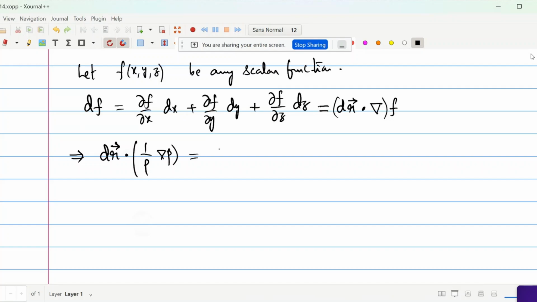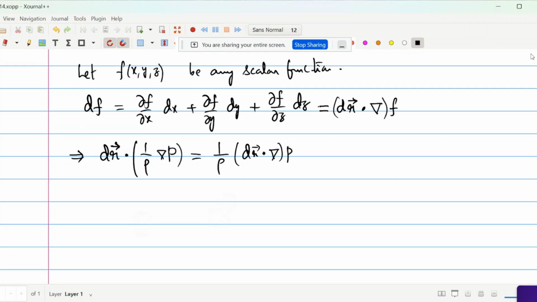So this is grad p. This is equal to 1 by rho, which is a scalar function that I can take out. So we have 1 by rho into dr dot grad p, where p is the function here.